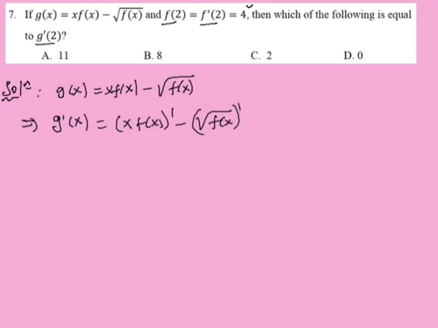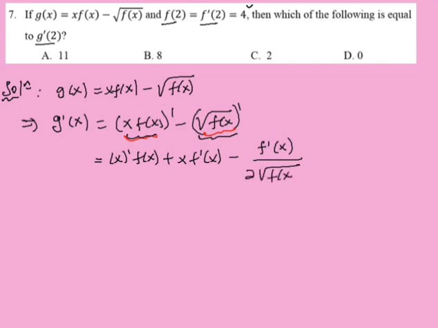So we apply the product rule here, and for the radical part we can apply the chain rule. Applying the product rule, we get the derivative of x times f of x, plus x times f derivative, minus, applying the composition rule, f derivative over 2 times radical f of x.